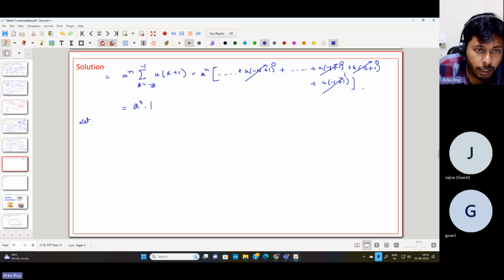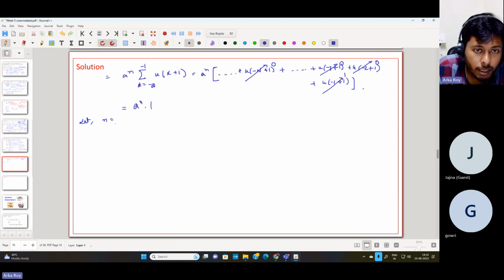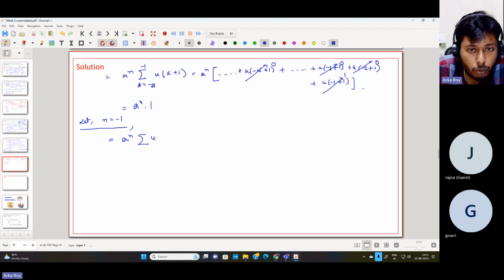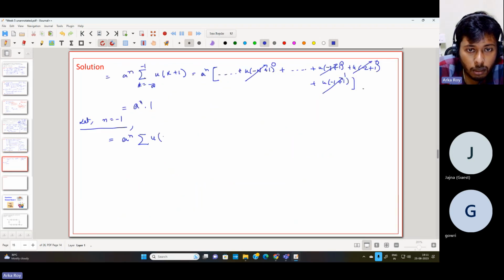That means for n equal to minus 2, we are getting some samples. Let us consider n equal to minus 1. So for that matter, what will be the case? So I can start writing a to the power n, u of minus n plus k minus 1. So it would be minus n, so it would be plus 1, then plus k, then minus 1.